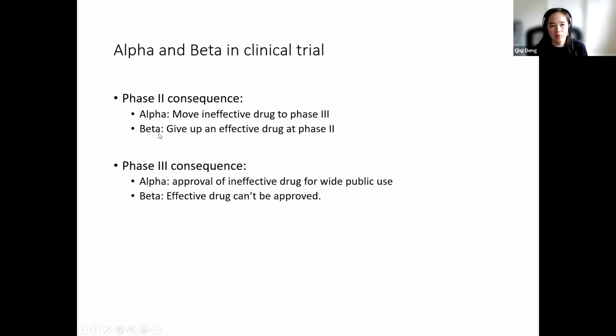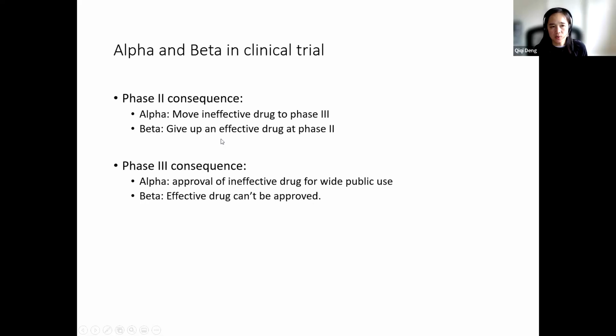And then the power or the type 2 error beta also have different consequences between phase 2 and 3. For phase 2, the type 2 error means that you're giving up an effective drug. And then for phase 3, it means that the effective drug cannot be approved.